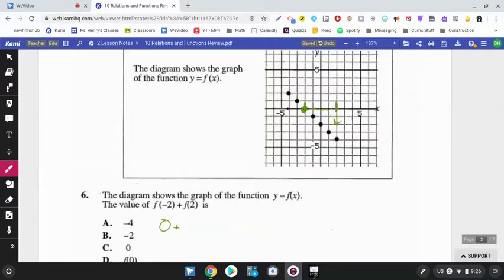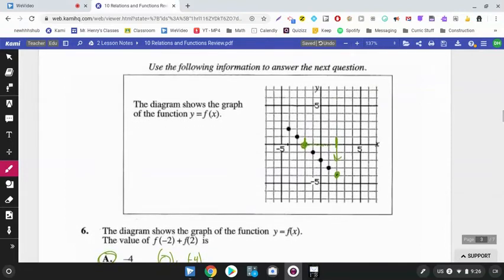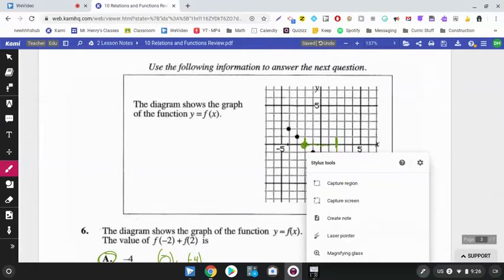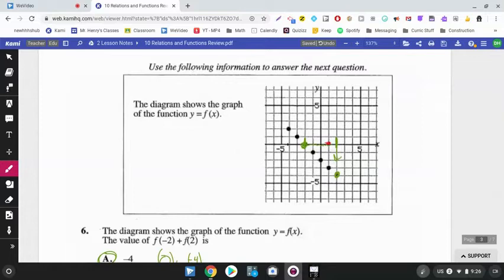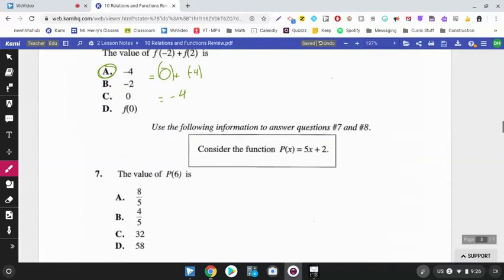And it's down here, it's -4. So I've got 0 plus -4. Well, that would equal -4. A is my answer. So with the function notation, we just looked at this the other day. It's the same as me telling you the x value, find the y. Give the x, find the y. Okay? Same thing, it's just another way to write it.